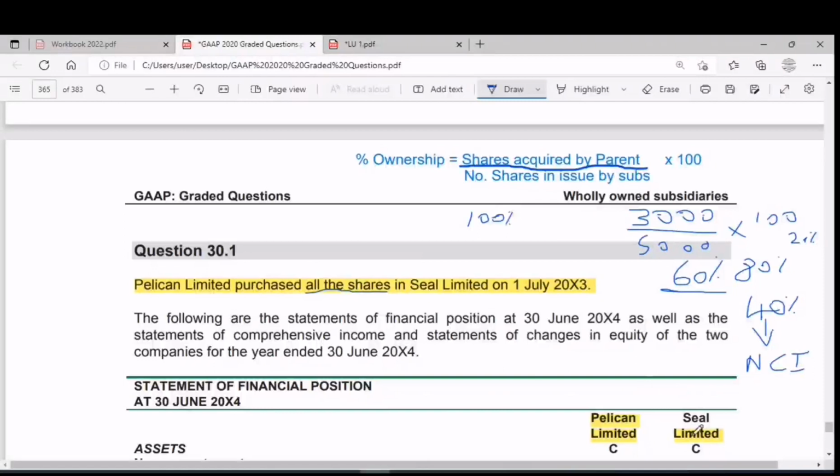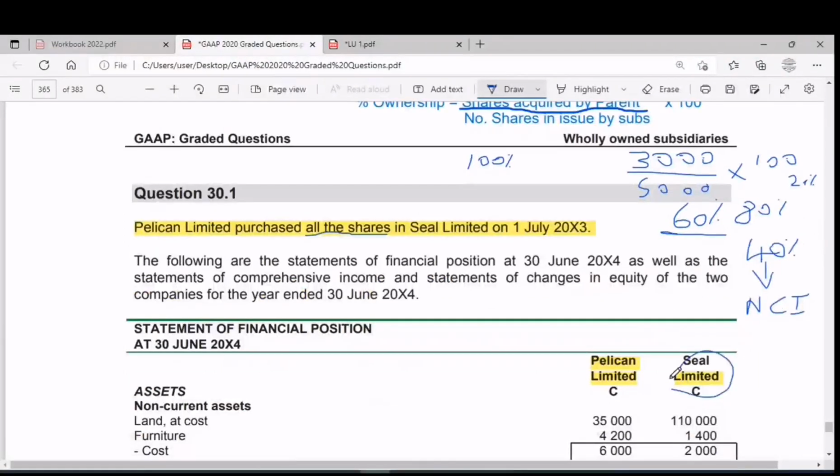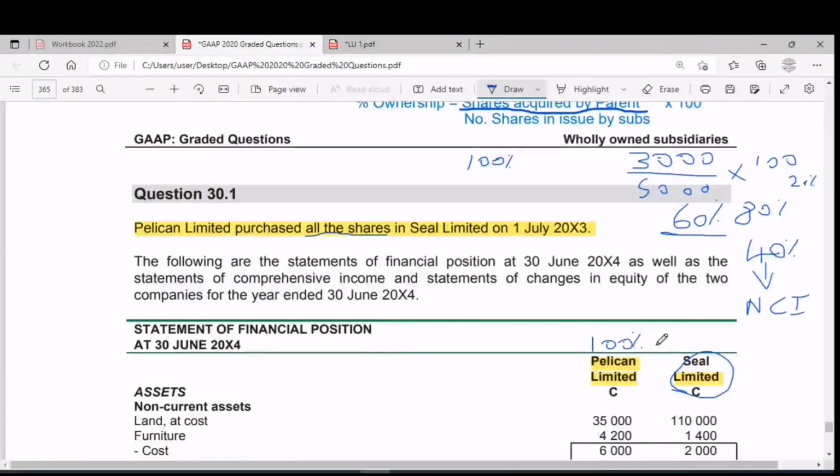So kusho ukuthi ngamanye amazwi Seal Limited is wholly owned by Pelican because they acquired all shares. So kusho ukuthi lana we do not have a case la NCI. So there is nothing that is owned by other people because the company Seal Limited is wholly owned by Pelican Limited. Why is Seal Limited wholly owned by Pelican? Because Pelican purchased all the shares in issue by Seal Limited.